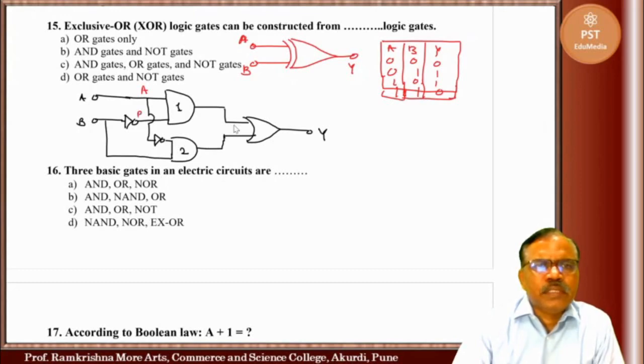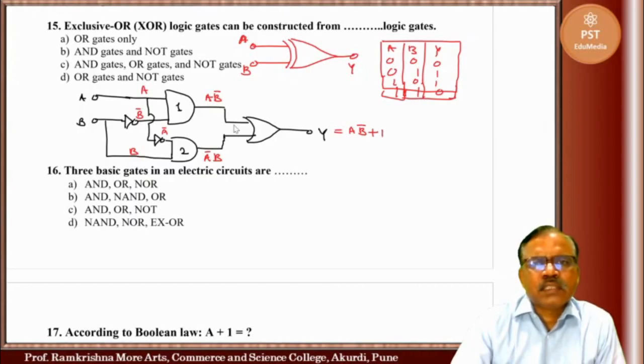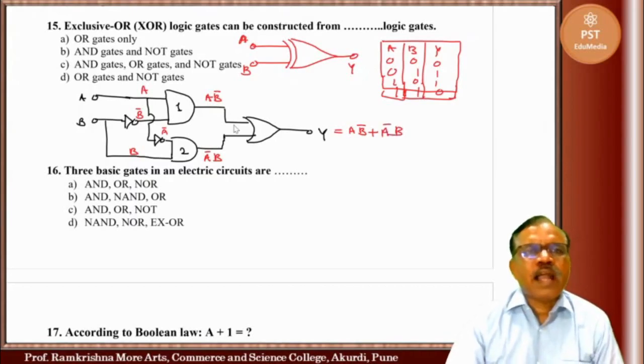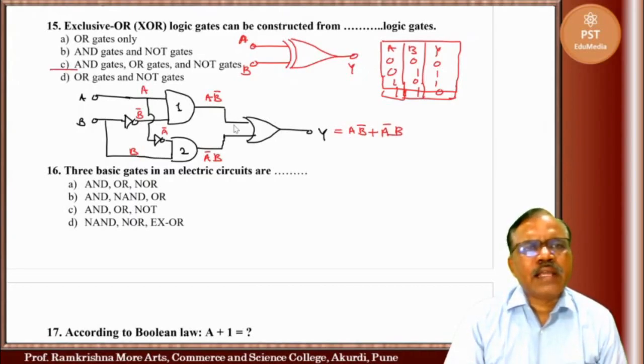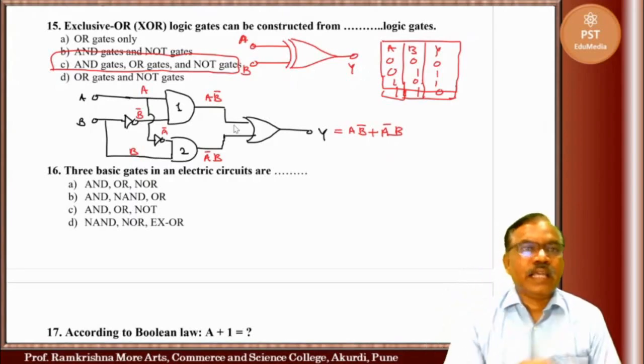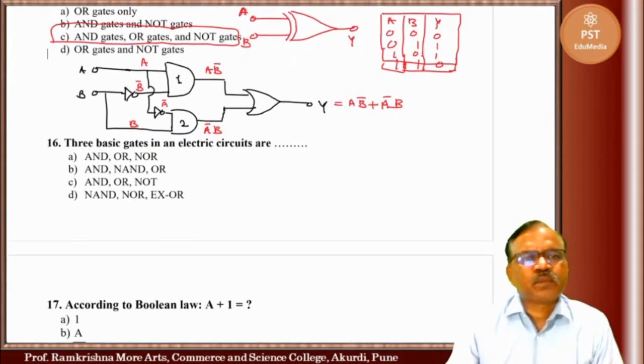So here it is B bar, here it is A bar, here it is B. So we get here A B bar and here A bar B. So Y is equal to A B bar plus A bar B. And so here AND gate, OR gate and NOT gates are used in the XOR logic gate.